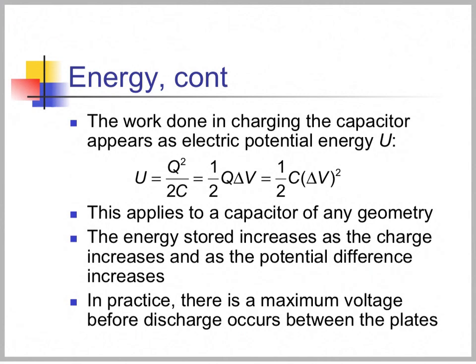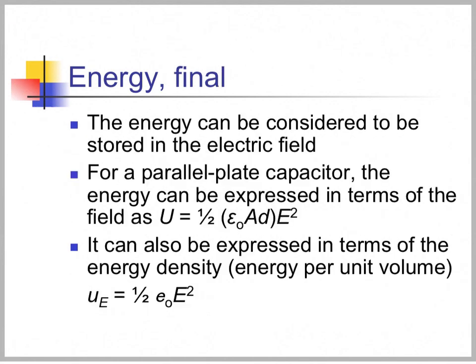The energy stored increases as the charge increases or as the potential difference increases. In practice, there's a maximum voltage that I can have between the plates before I get electrons jumping across and I get discharge. Notice the energy has the form 1/2 something something squared. Right, we've had 1/2 mv squared, 1/2 kx squared. We can remember this as 1/2 CV squared.